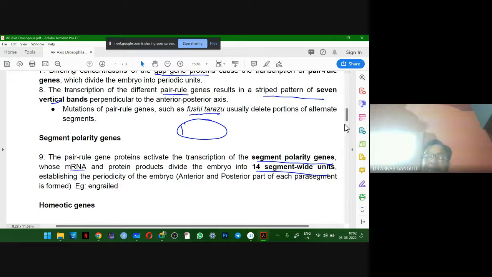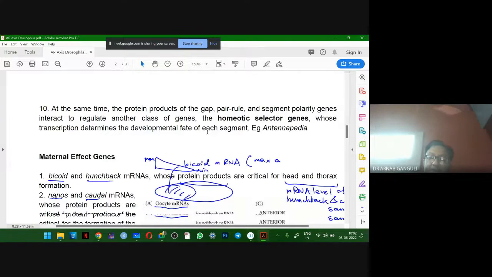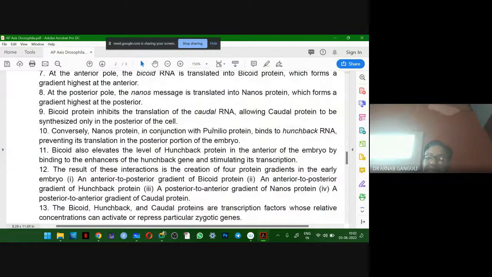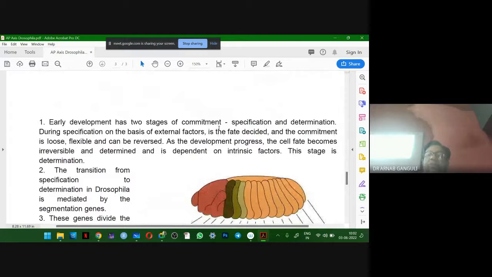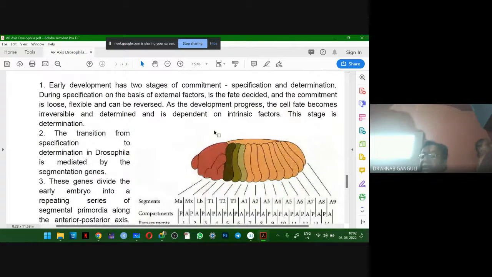So 14 segments are formed. In the end, the gap gene, pair rule gene, and segment polarity gene, the 3 of them together, are also known as the segmentation genes.